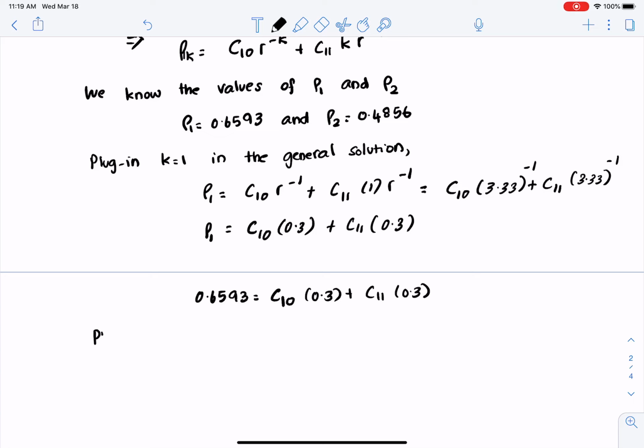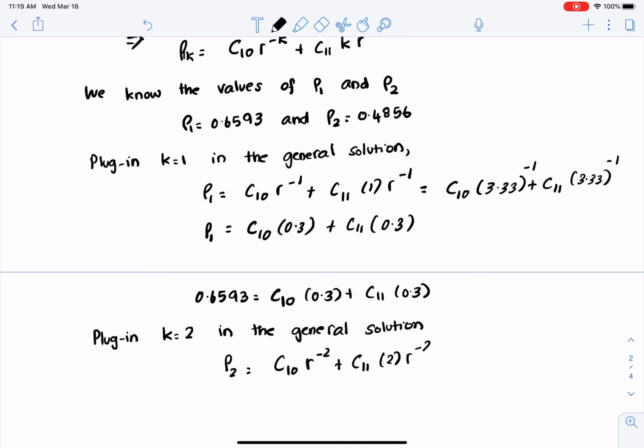Likewise, we can plug in k equals 2 in the general solution, which would imply that row 2 would equal C10 r raised negative 2 plus C11 times 2 r raised negative 2.